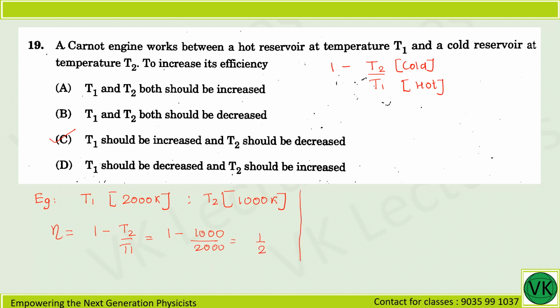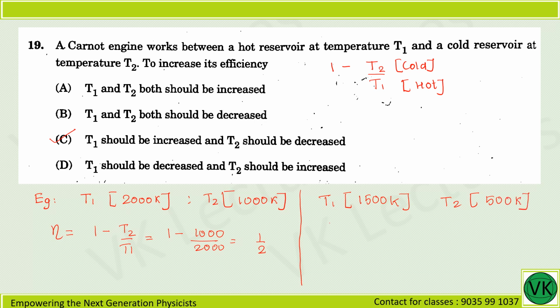Now what I'm going to do is decrease the temperature of both T1 and T2 by 500 Kelvin. So T1 is now working at 1500 Kelvin while T2 is at 500 Kelvin.